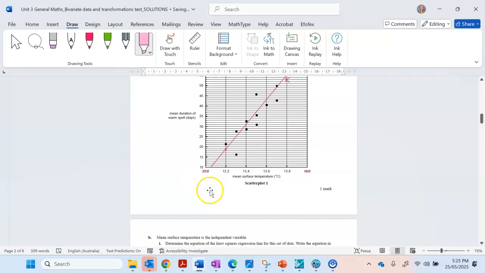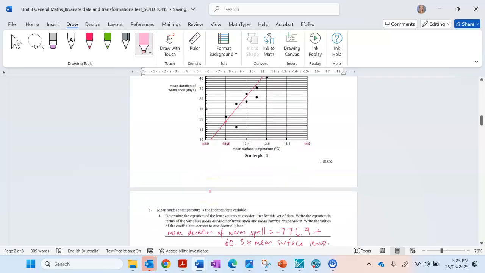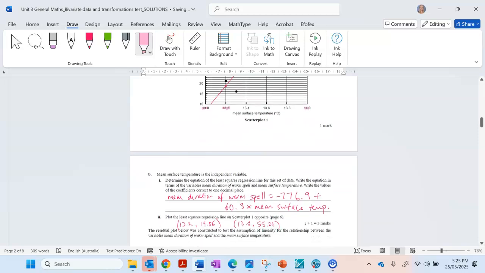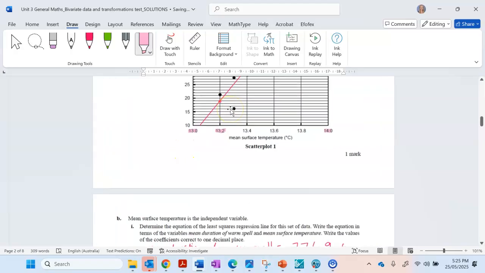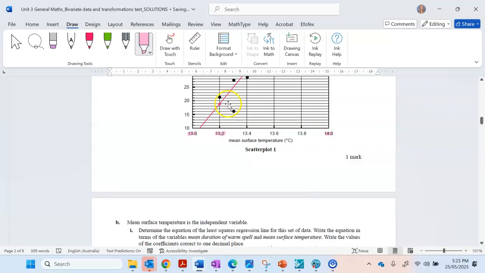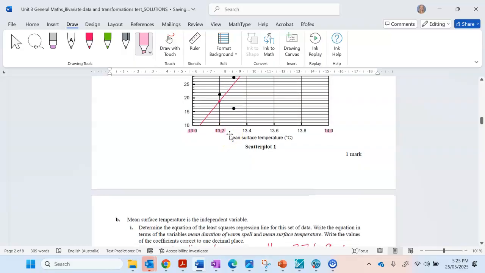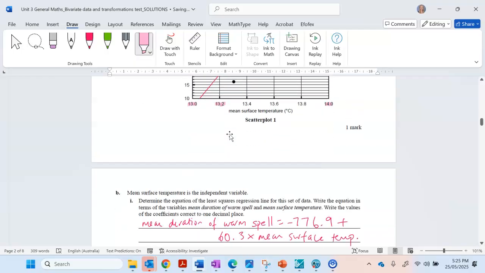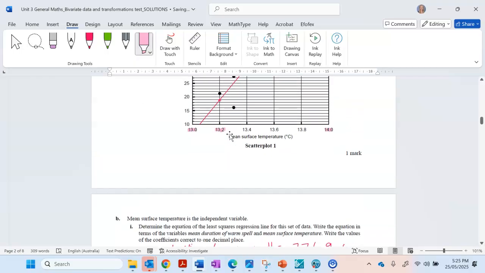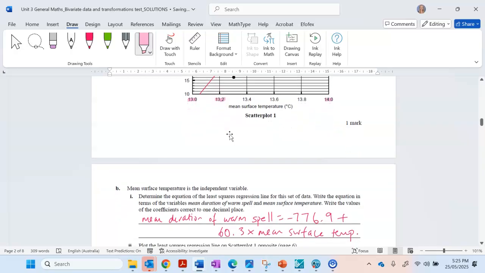So when it's off your grid, just go to the next value. You can see I've substituted in 13.2 here, and I get 19.06. So just plotting that point, you can see my point plotted there at 19. Probably should be a little bit higher. But in an exam, they're pretty forgiving.